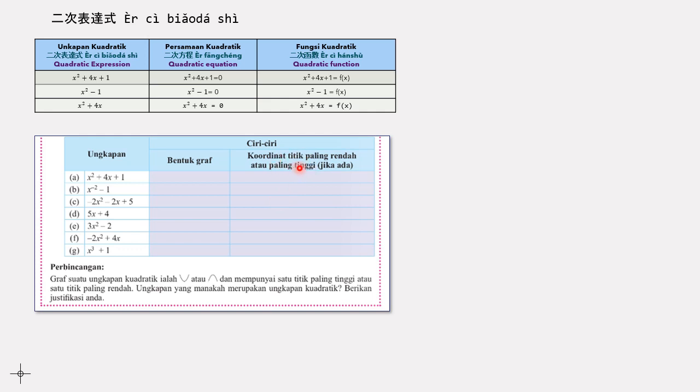So titik paling rendah is the minimum point, and titik paling tinggi is the maximum point, as we have done in the exercise. So you can refer back to the exercise, smiley and sad face, and how to locate the titik paling rendah and the titik paling tinggi, that is the minimum point and the maximum point.